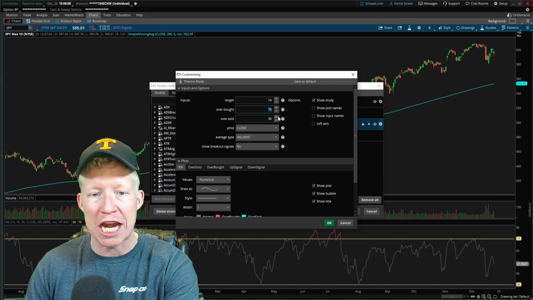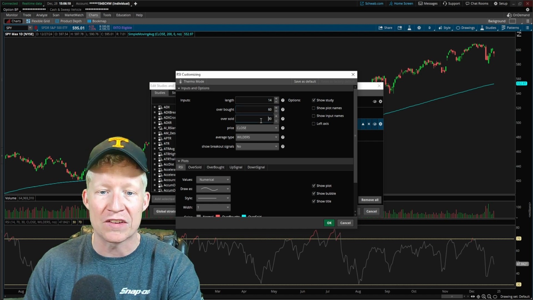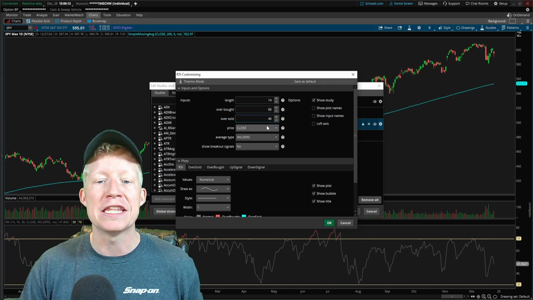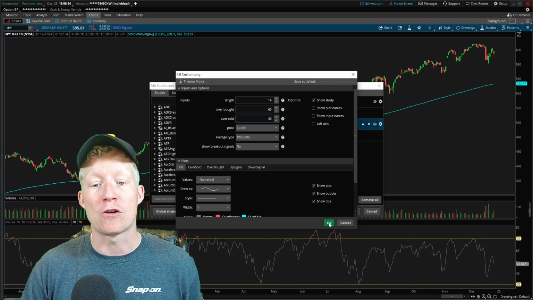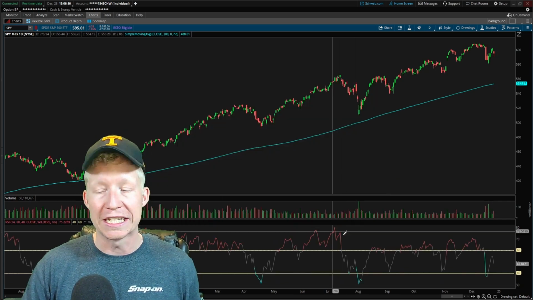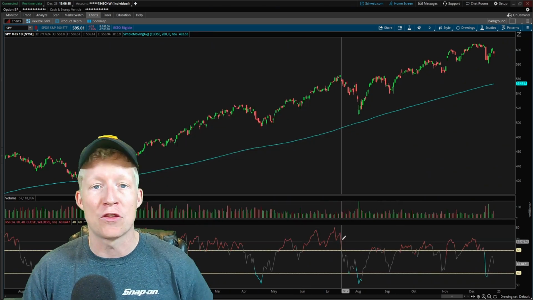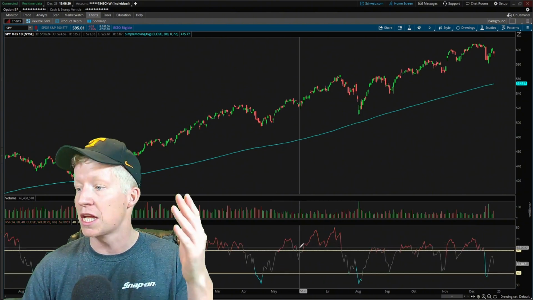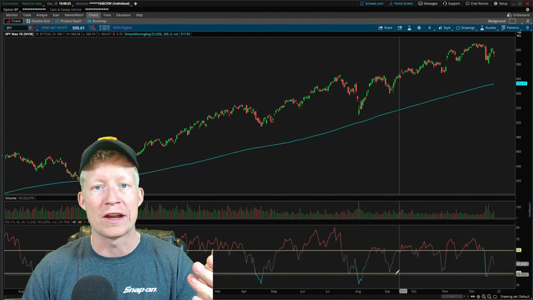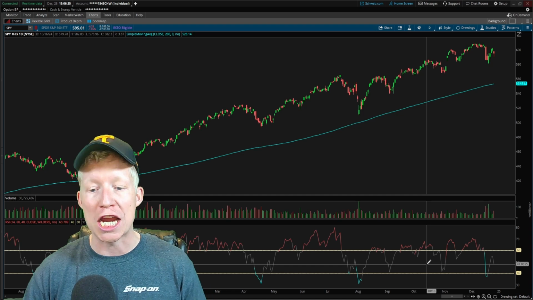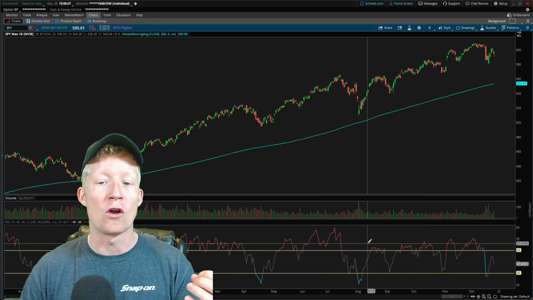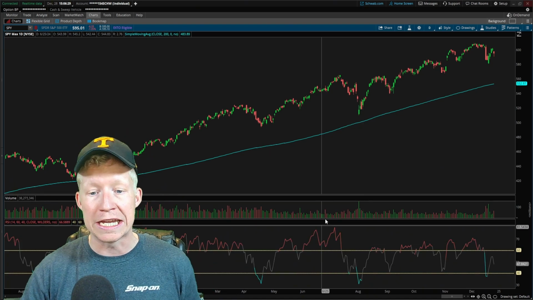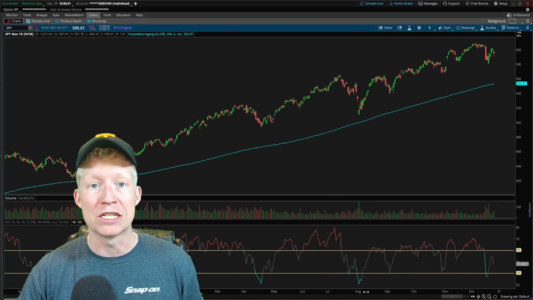I'm simply going to change the overbought level from 70 down to 60 and the oversold level up from 30 to 40. That does nothing to change how the RSI is calculated. You'll notice nothing happened with the actual RSI value, it just changes the plot lines to tighten up what is strong and what is weak.